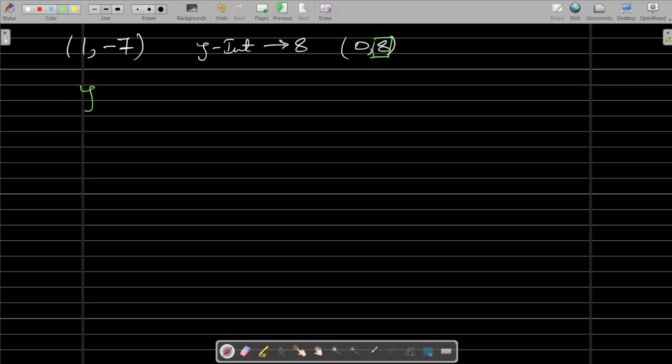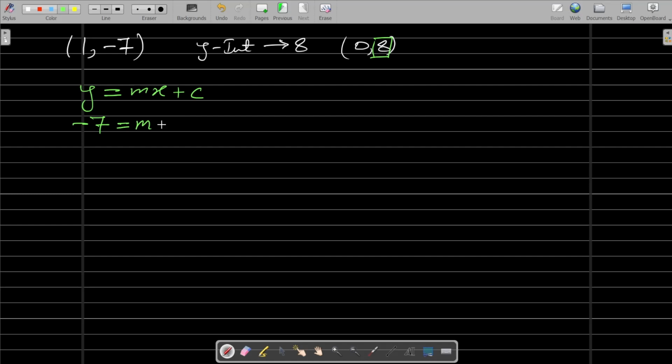So now all you have to do is just see that y equal to mx plus c, just apply this, right? And then I have my value of y as negative 7. So negative 7 will be put the way it is. We don't have the value of m.